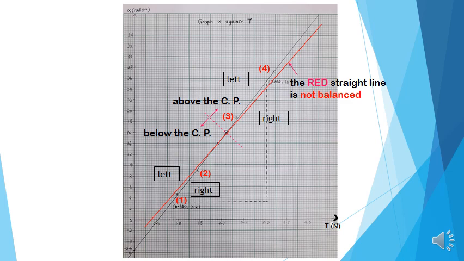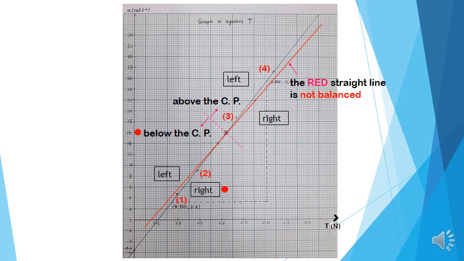However, the 2 deviated data points, 1 and 2, below the centroid point are both lying on the right-hand side of the graph. There is no data point on the left-hand side of the graph. Therefore, the 2 deviated data points 1 and 2 do not balance each other.